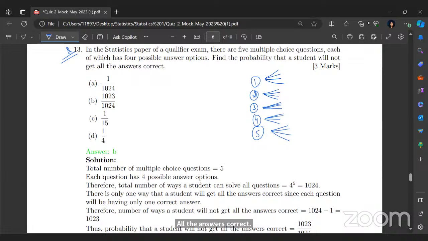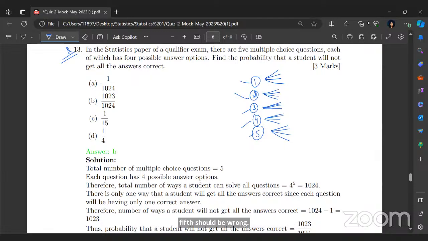See, for each of these questions, the correct answer is only one. What you have to find is the probability that the student will not get all the answers correct. I mean, even the first should be wrong, the second should be wrong, third, fourth, fifth should be wrong.